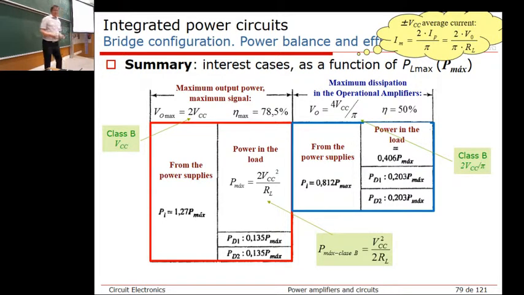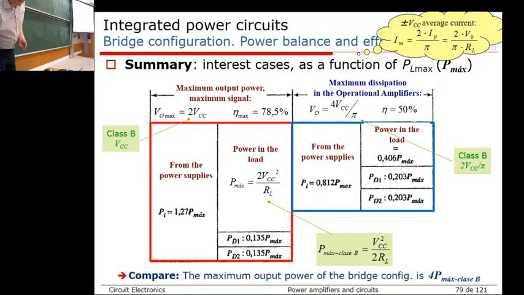So efficiency is the same. It's just a matter of the output and the power supply load. Good. All right, that more or less summarizes the AB class amplifiers in total.